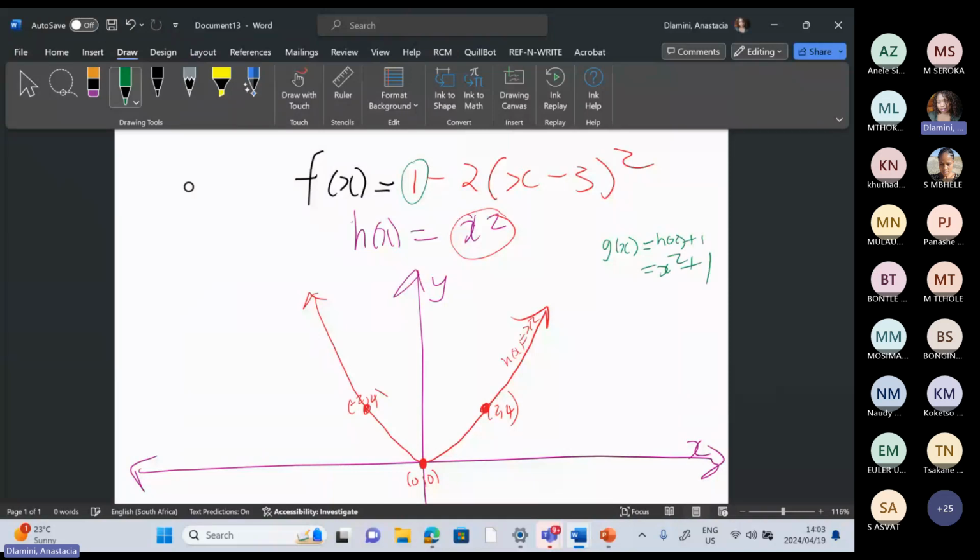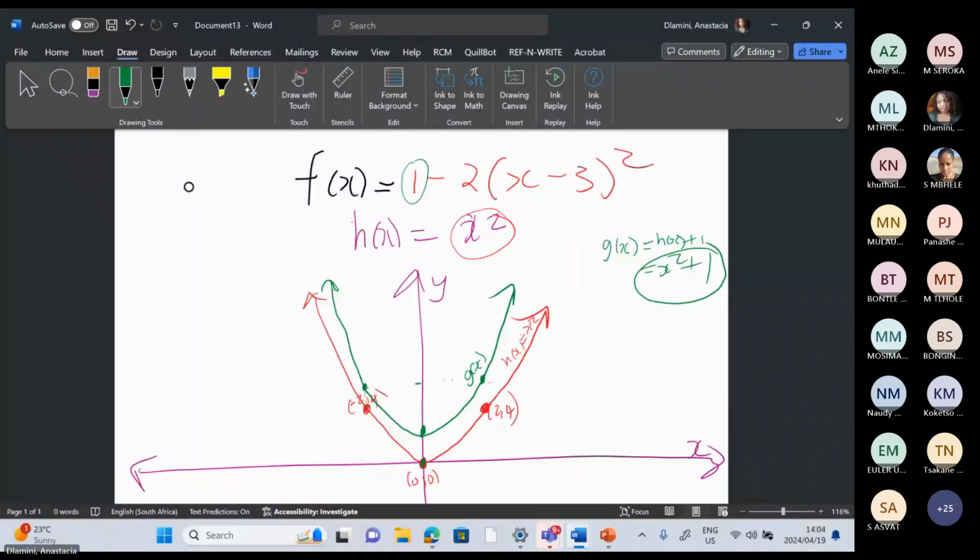So when you're shifting up, which value is changing? The y value. So this will be 0, 1, and this will be negative 2 and 5. Negative 2 and 5 is here. So this is g of x. Then what do we do next?